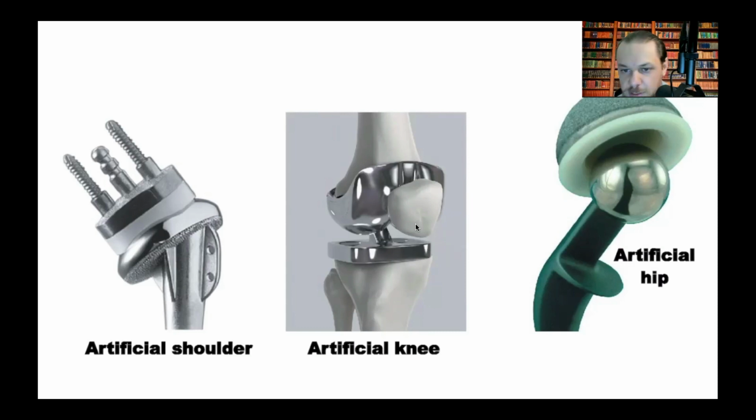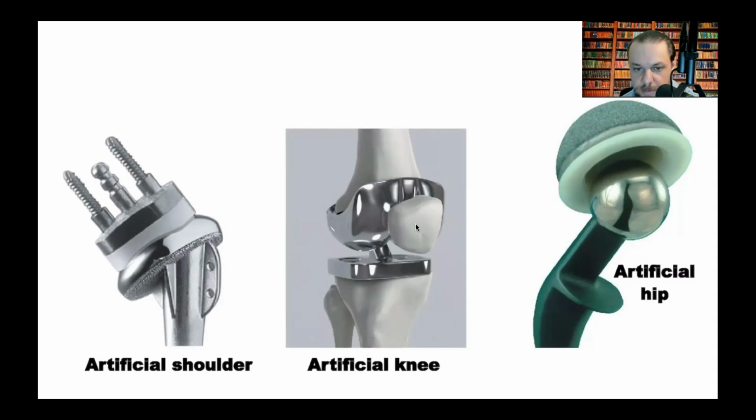What is one of the biggest factors when you have something artificial implanted? Anyone know? What is the danger of having, let's say, an artificial hip or artificial knee, that the patient may suffer from? You can guess.